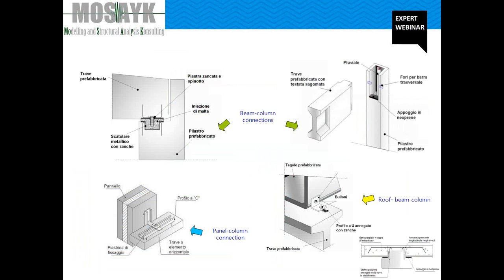Now, having used the Midas Gen application, we can for sure recognize that poor details in connections are the most common reason of non-adequate seismic response. In particular, poor detailing of connections of moment-resisting frames can result in brittle failure of the steel reinforcing bar near the welds.